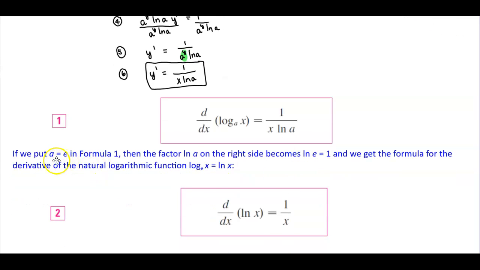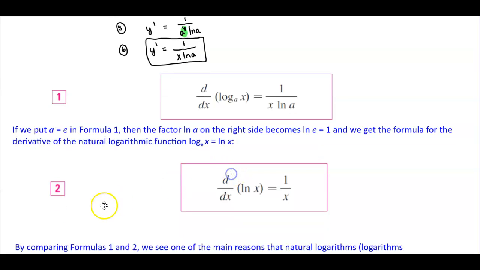Now, if we put a equal to e in Formula 1, then the factor natural log of a on the right-hand side becomes the natural log of e, which is equal to 1, and we get the formula for the derivative of the natural logarithmic function, the log of base e of x, which is the natural log of x. So that gives us formula number 2. Formula 2 tells us that the derivative with respect to x of the natural log of x is going to equal 1 over x.